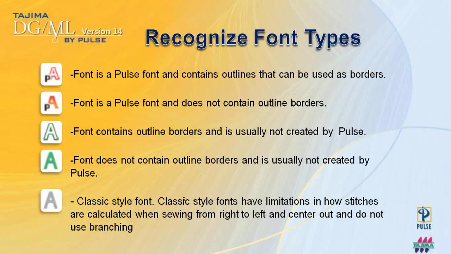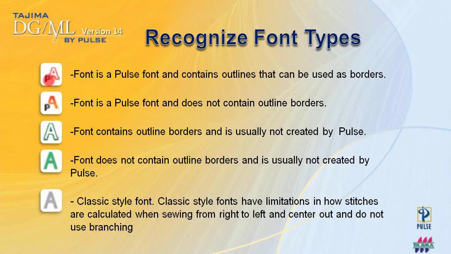Recognize font types. The first symbol we see here, and let me use my spotlight, this symbol here, is an uppercase letter A with a red border around it and a black P that stands for Pulse stamp on it. This font is a Pulse font and contains outlines that can be used as borders.